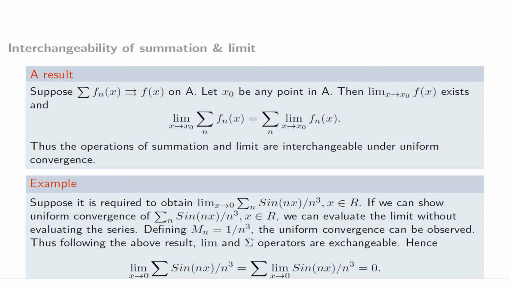Suppose f n dash x exists at all x belonging to [a, b], and the series with f n dash x as the nth term converges uniformly on the closed interval [a, b]. Then differentiation can be made under the sign of summation.